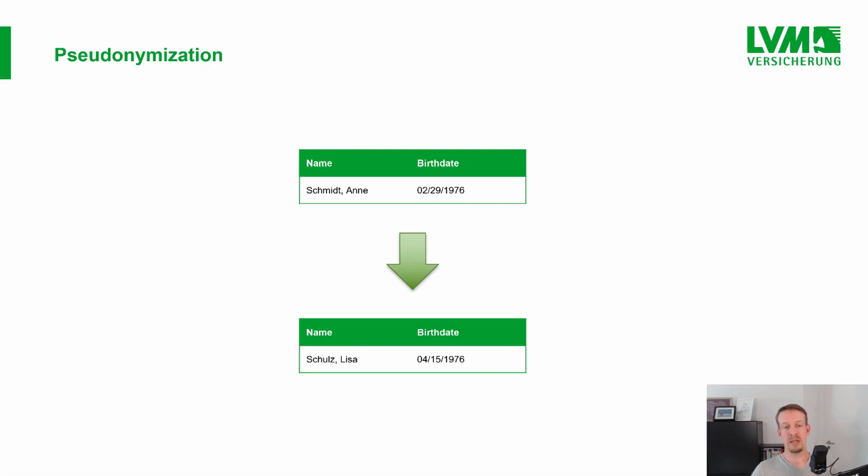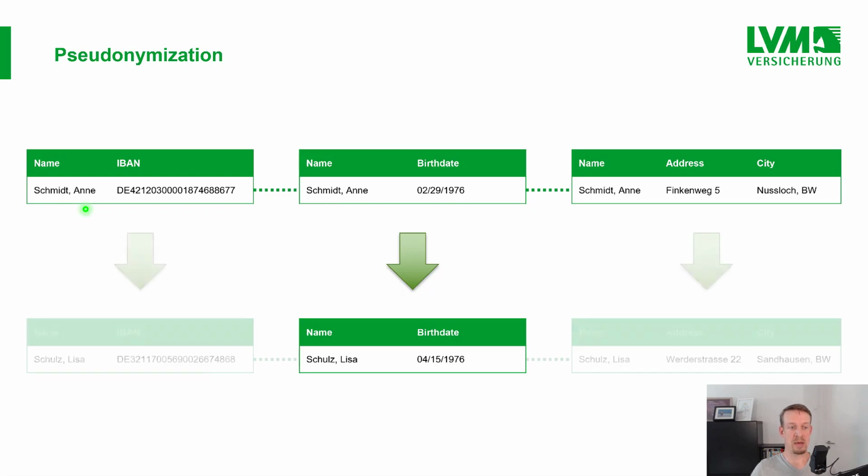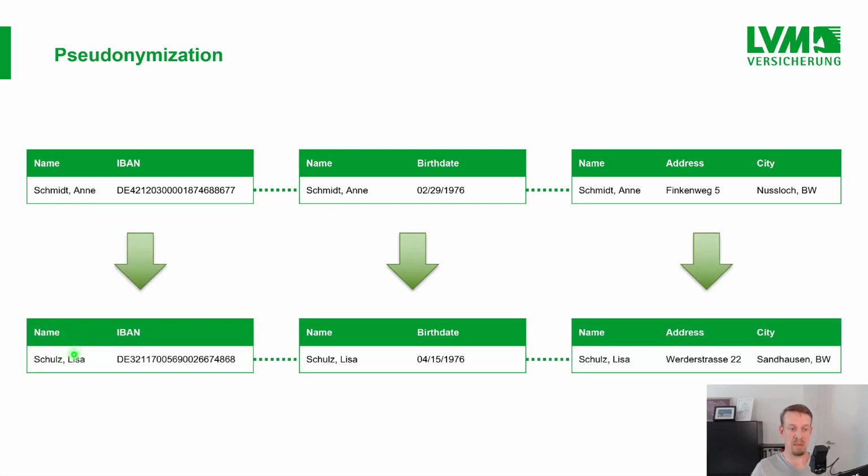But we have to keep in mind that we cannot only replace one place or one dataset, we have to replace all the datasets for a customer, and we have to keep it in line. What do I mean with that? Let's, for example, assume Anne Schmidt also has a bank account, or we have information about her bank account. So we have to replace the bank account as well, at least the name and the IBAN number.